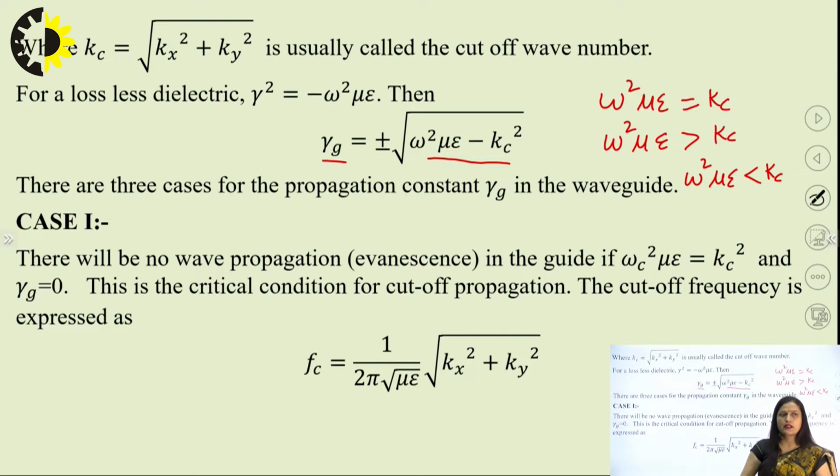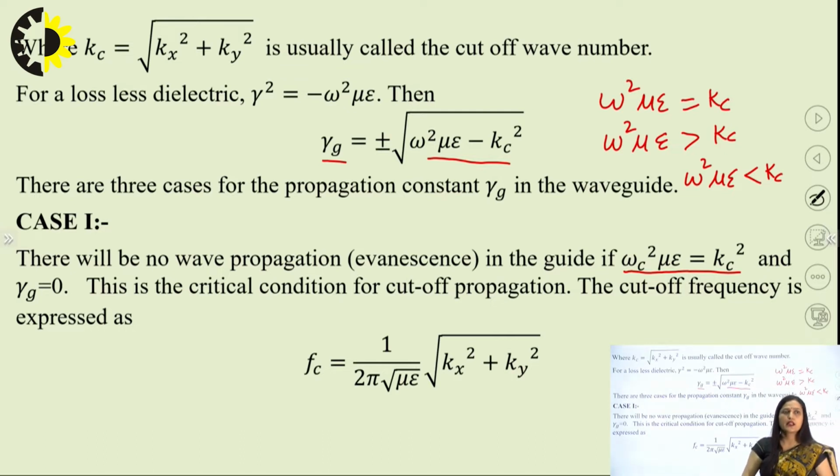Then the first case, what is the condition? We are taking the condition that omega square mu epsilon is equal to the cutoff wave number square. So this is the critical condition. Actually, this is the point after which the wave starts propagating. When we put these two equal, what will happen? Your guided propagation constant gamma g will be equal to 0.